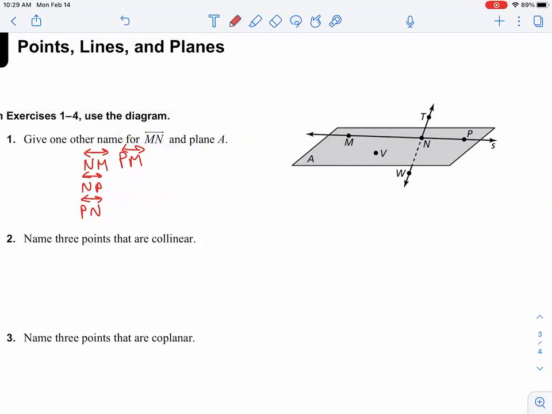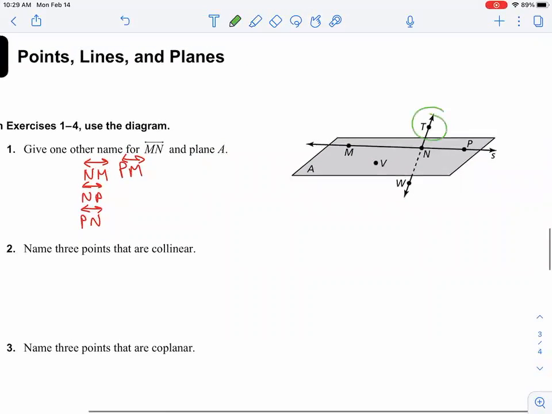Now for the plane, the plane is kind of difficult to visualize sometimes. The plane is like the gray part. This segment right here is supposed to be indicating like a line going through the plane three-dimensionally. Like T is above the gray part and W is below it. So that three-dimensional is a little difficult to see sometimes.